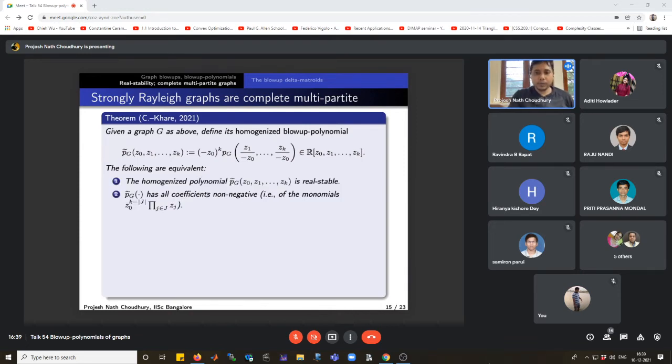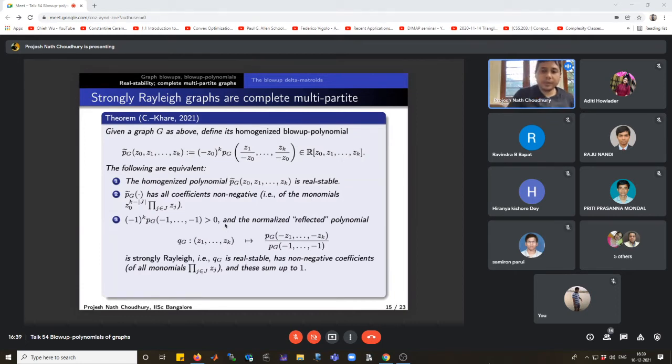This homogeneous blow-up polynomial is real stable if and only if all the coefficients are non-negative, and if and only if you take this polynomial p_G with minus sign and divide it by p_G(-1, -1, ..., -1), that is the sum of all the coefficients, then you will get a polynomial with non-negative coefficients that add up to 1.